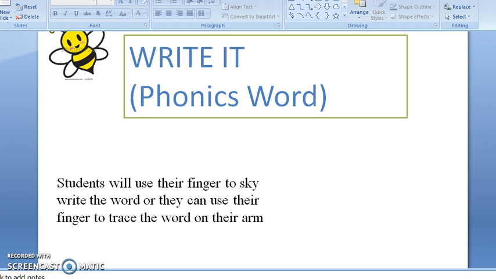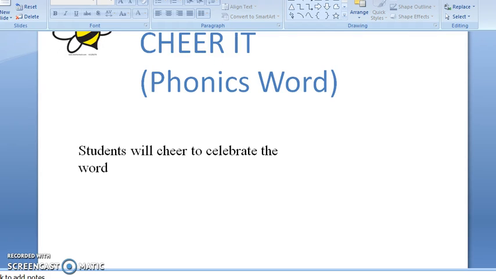A, P, P, L, E, apple. And lastly, we would cheer it. When we cheer it, we throw our hands up in the air and we shake them just as cheerleaders would when they were cheering for a game. And we would say, apple. And we would shake our hands and cheer. And again, at the end, we would say A-P-P-L-E, apple.